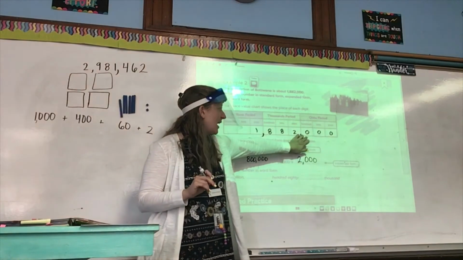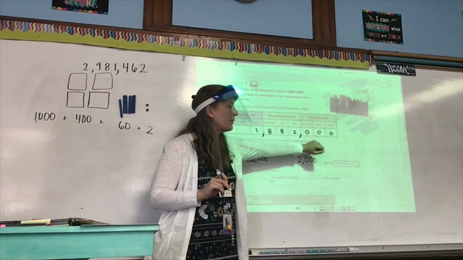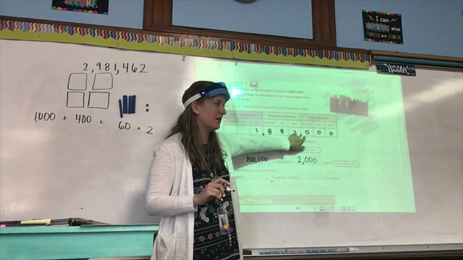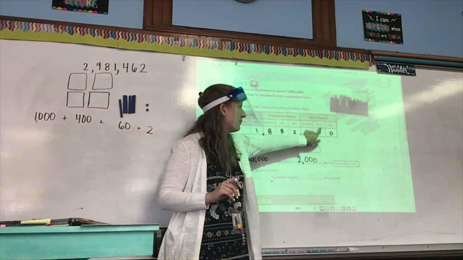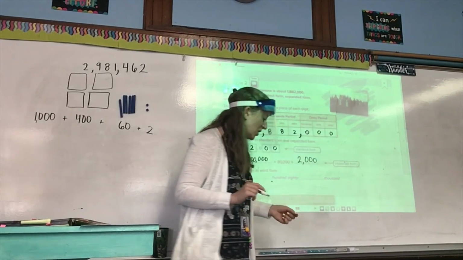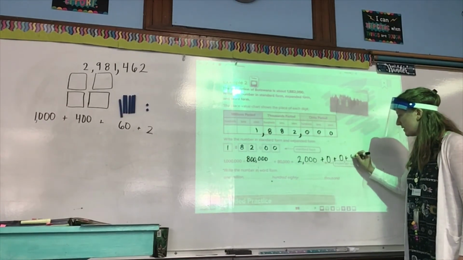Now, do we have to write plus 0, 0, 0? If you have zeros, you do not have to write them, because how much is a 0 in the hundreds place worth? 0. How much is a 0 in the tens place worth? 0. How much is a 0 in the ones place worth? 0. You do not have to write plus 0, plus 0, plus 0.